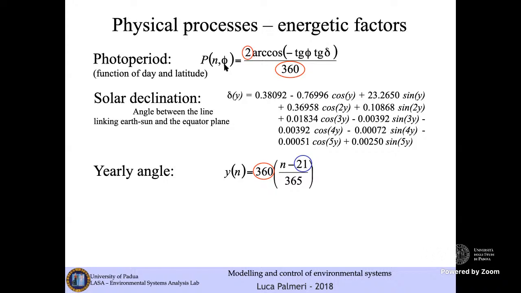And we may write that the photoperiod, so the portion of a 24-hour day in which you have solar light, may be made equal to twice the arc cosine of the tangent of the latitude times the tangent of the declination, and declination, solar declination, is the height of the sun over the horizon, divided by 360.